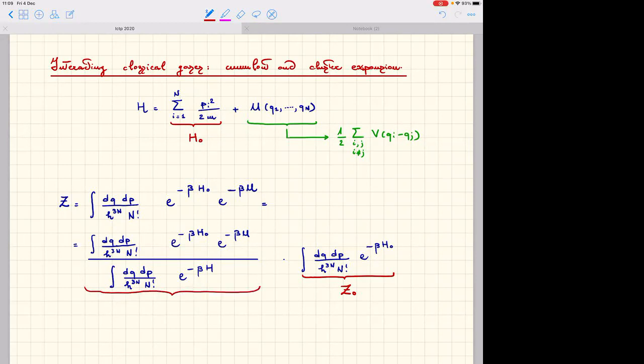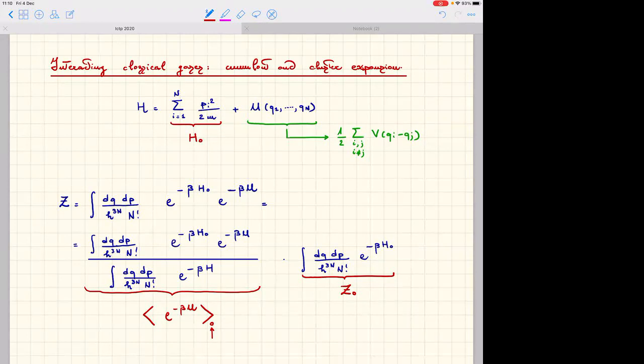This object here instead is essentially the average of e to the minus beta U with respect to the non-interacting partition function. This notation with the subscript zero indicates that the average is taken with respect to the non-interacting partition function. This is just the definition of this average.